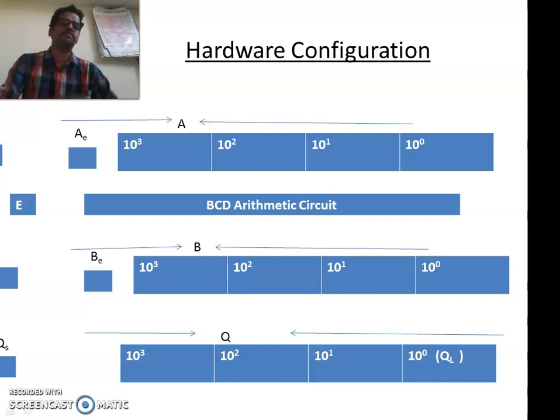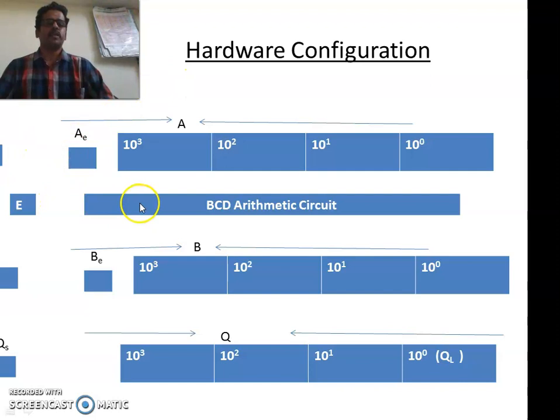In binary numbers, 0 is used to represent positive sign and 1 is used to represent negative sign. In the same way, in BCD, 0 is used to represent positive sign and digit 9 is used to represent negative sign. In BCD form, 0 is represented as 0000, used for positive sign, and 9 is represented as 1001, used for negative sign.